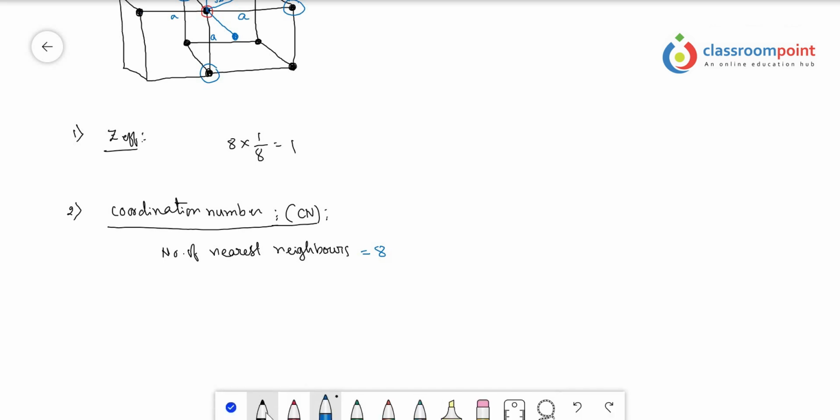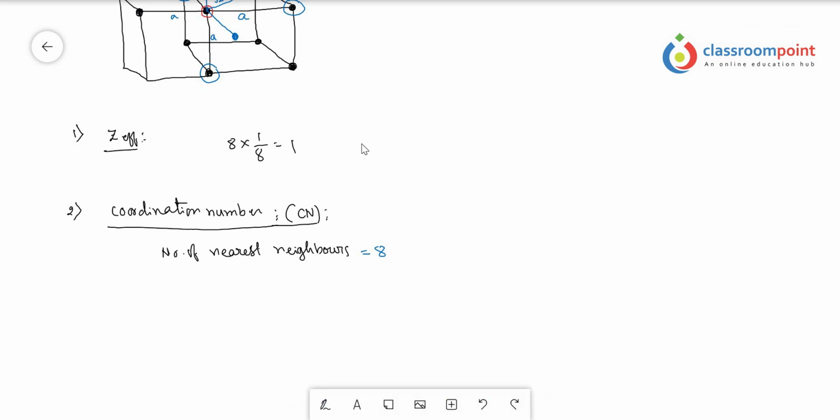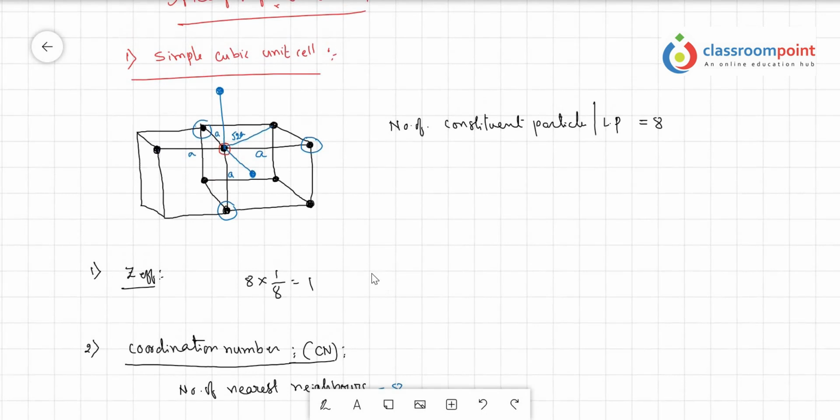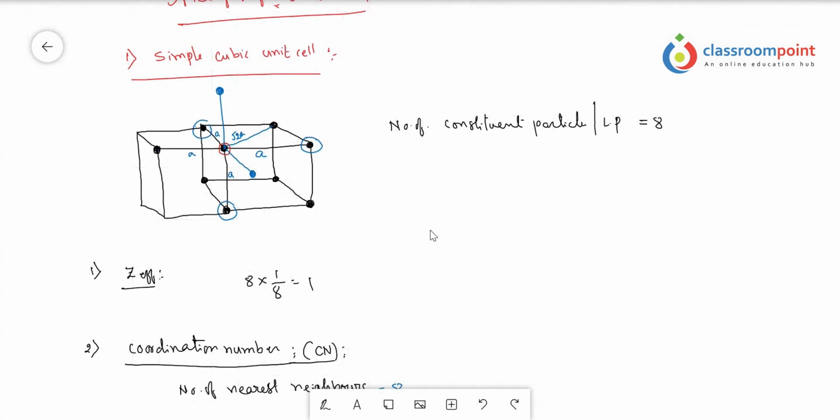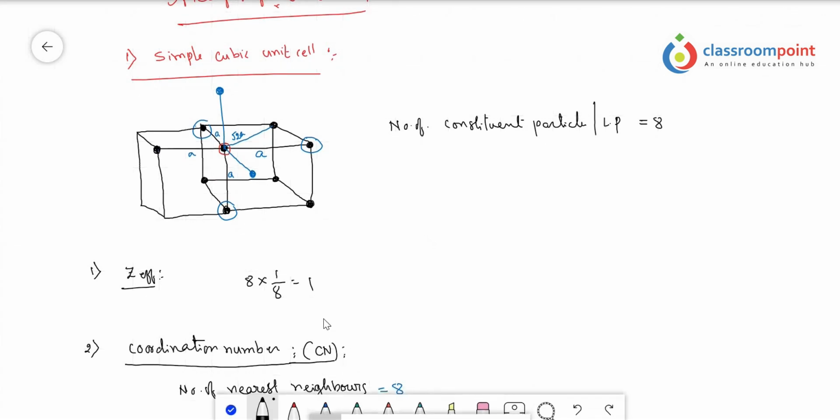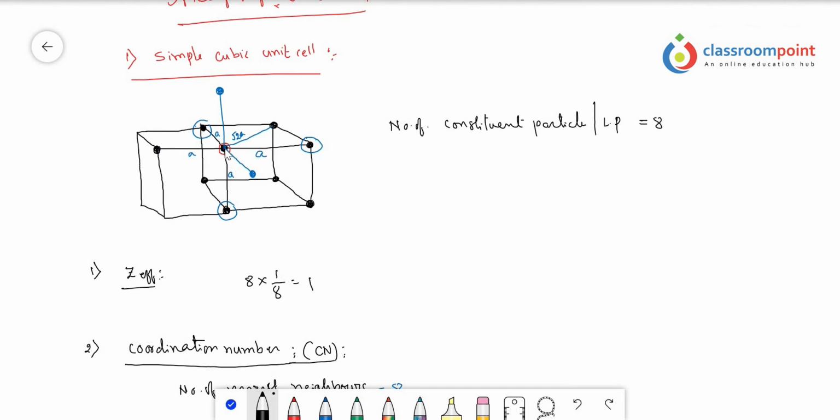But actually questions are not only asked about the number of nearest neighbors, they may ask the number of second nearest neighbors. So this is the first nearest neighbor. The second nearest neighbor means the one that is connected to the first nearest neighbor, not to this particle. To this particle, this is the first nearest neighbor and this is the second nearest neighbor.